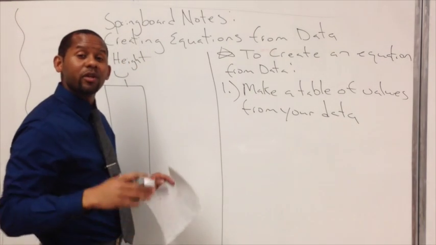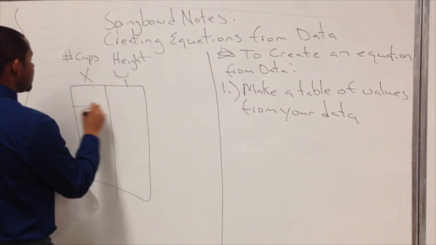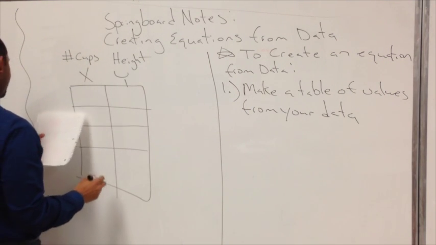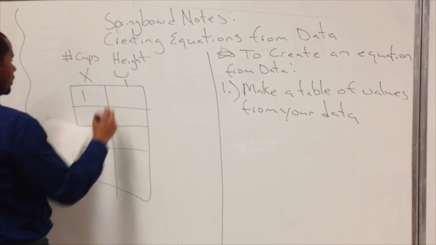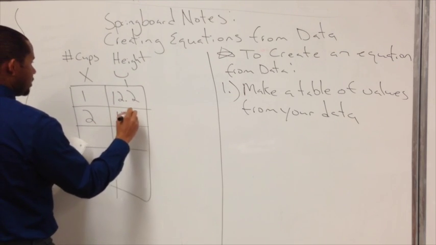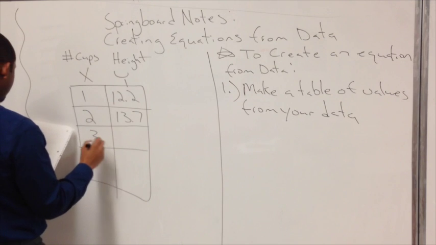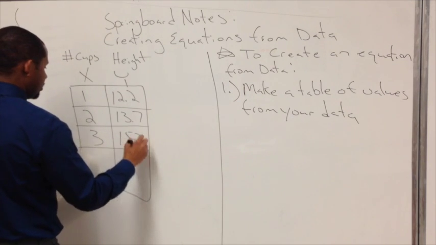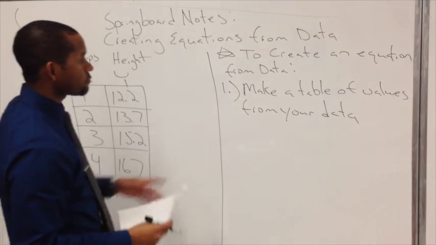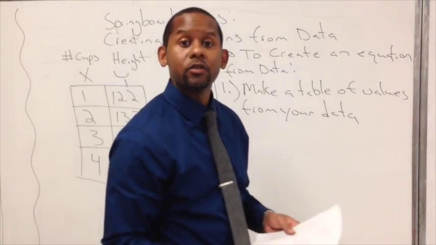Everything you're doing with this, you want to make it come from a table of values, okay? It's just going to be easier. So let's go ahead and do this right here. And we'll say 1 cup will be 12.2. 2 cups will be a 13.7. 3 cups will be a 15.2. And 4 cups will be a 16.7. Okay? So I made a table of values for my data.